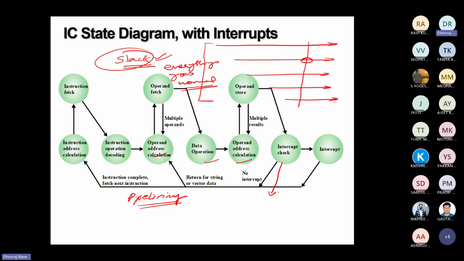How will we backtrack in this case? That is the main reason why, if we are utilizing the pipeline, interrupt is not the normal case, and special measures need to be taken whenever an interrupt occurs.